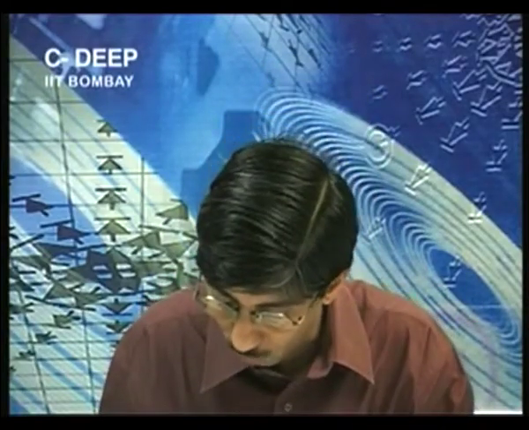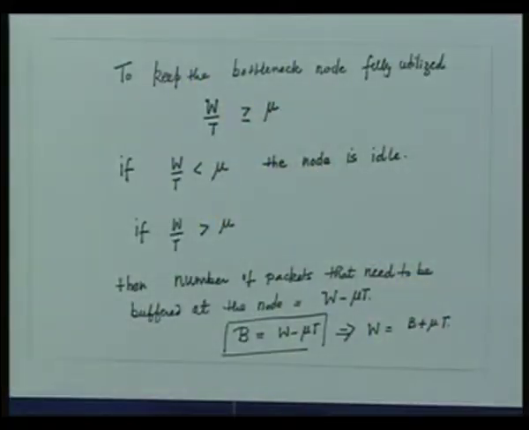So from this, if you know the buffer size at a bottleneck link, which in this case is B, we can determine the maximum window size that we can have, and depending upon the bottleneck node's queue occupancy, one can dynamically adjust the window size.